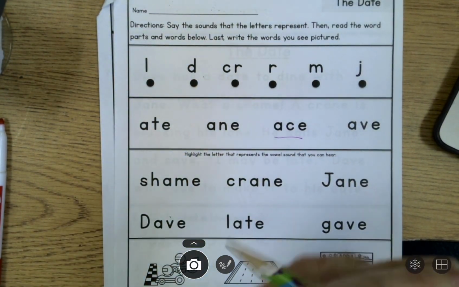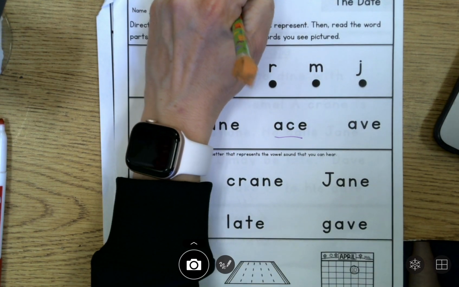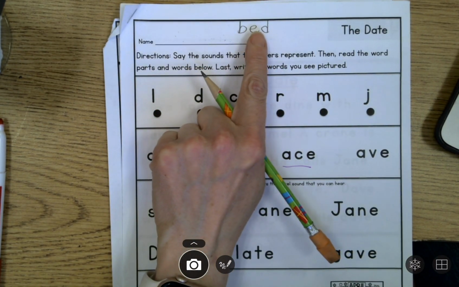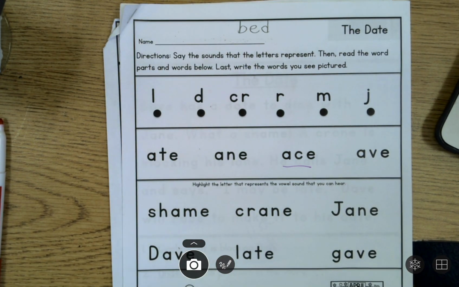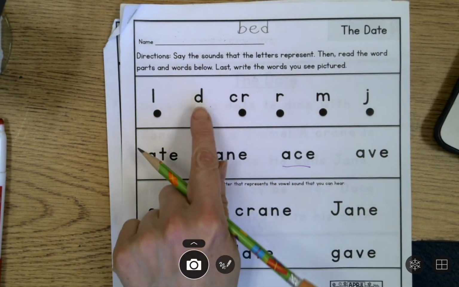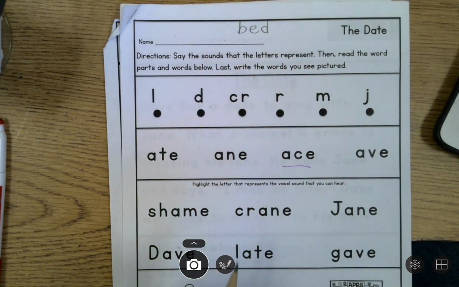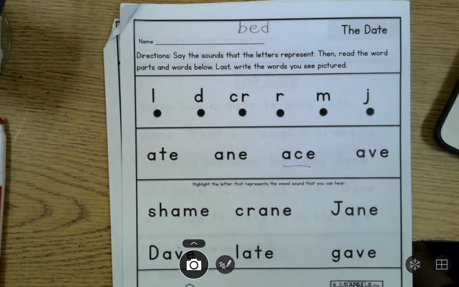What about a D? This is a D. Remember, look, here's the word bed. So what sound does a D make? D. Nice. Next we have C-R. Cr.